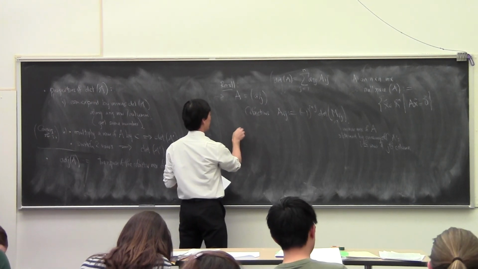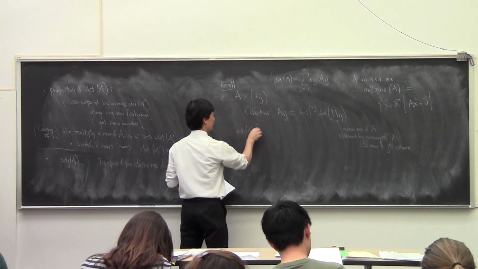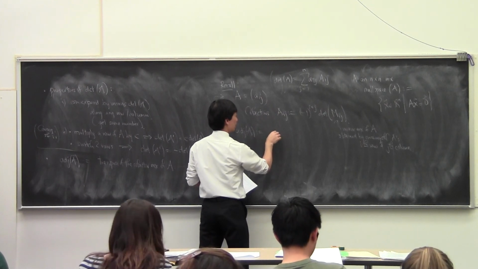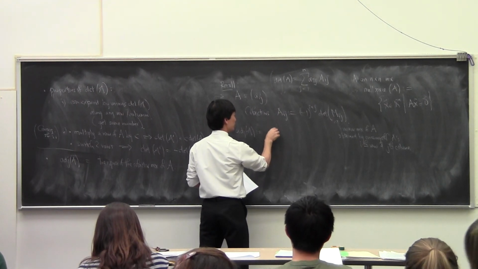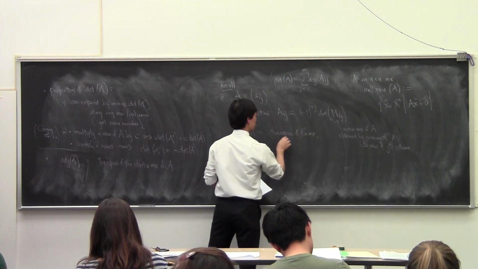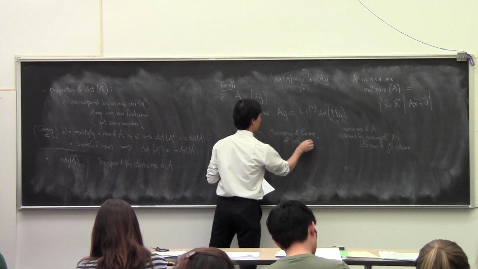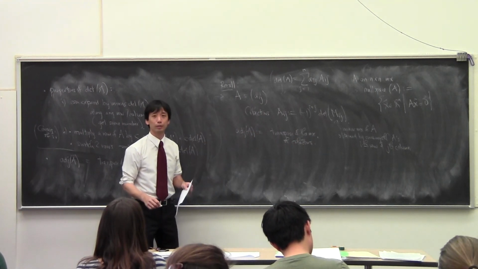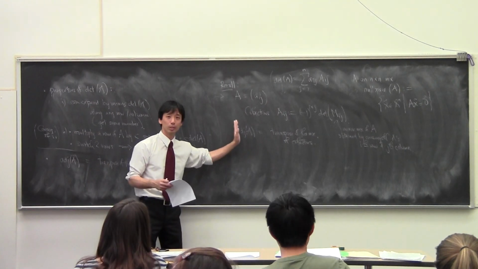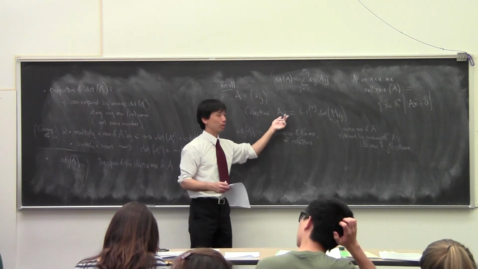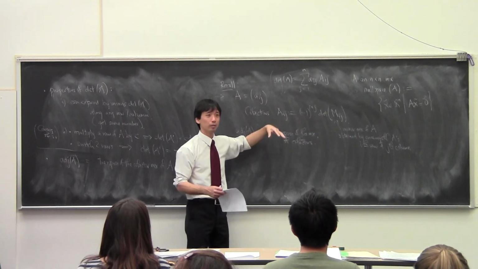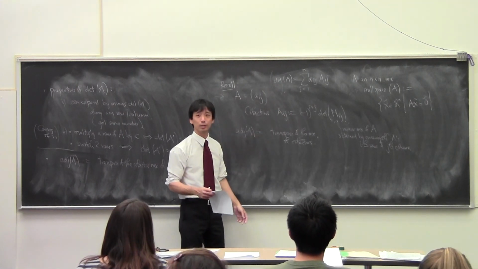We define the adjoint of A as the transpose of the matrix of cofactors. You take all the cofactors, A11 to A1n, etc., put them in a matrix, and then transpose it, flipping it across the diagonal.